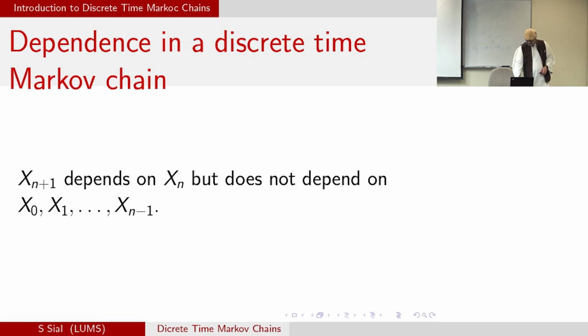So we're going to look at a very simple model in which the value of xn plus 1 depends upon the value of the random variable xn, but it doesn't depend upon any of the previous ones.